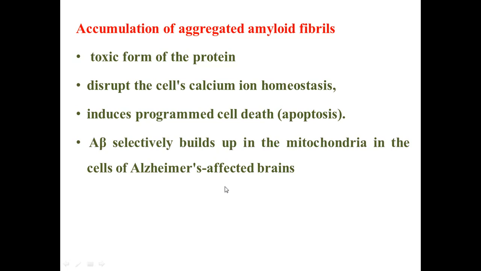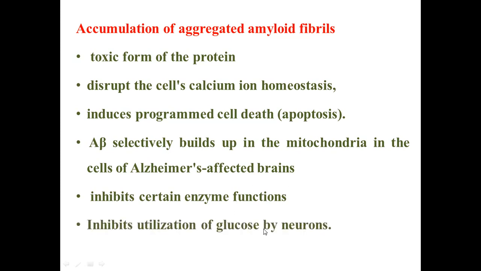Next, the amyloid beta selectively builds up in the mitochondria of the cells of Alzheimer affected brains, and it inhibits certain enzyme functions of the mitochondria of such patients. And also, in such patients, it inhibits the utilization of glucose by neurons. So what will happen? The neurons will starve of glucose and they will die.